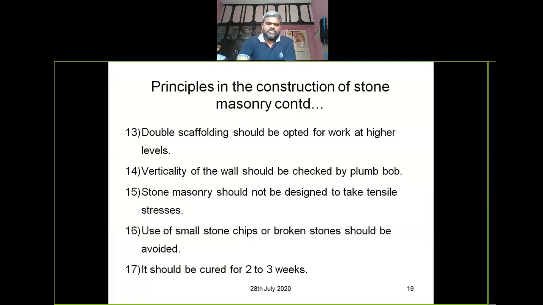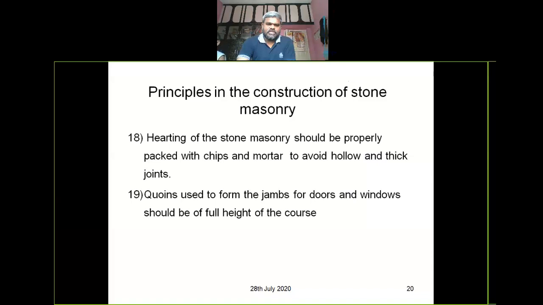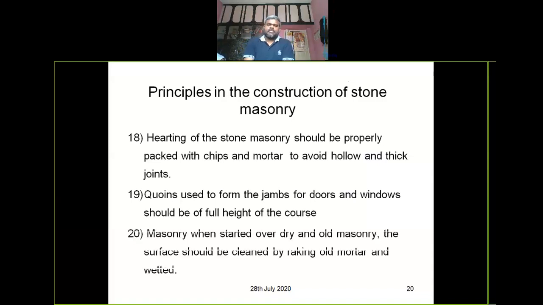It should be cured for 2 to 3 weeks after completing the masonry. The hearting of masonry should be properly packed with chips and mortar to avoid hollow and thick joints. Hearting means the space between the facing and backing of the stone masonry, filled in between stones. The quoins should be used to form the jambs of doors.